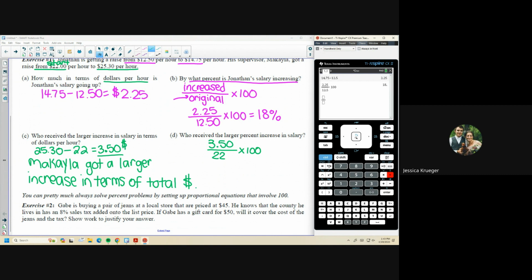So again, in the calculator, I've got 3.5 out of 22 times 100. And when I look at that as a percent, she got a 15.91% increase. So Jonathan got the larger percent increase.